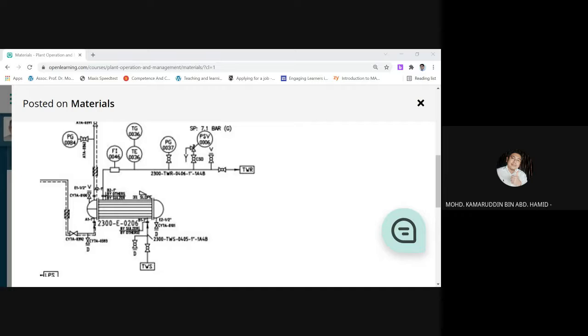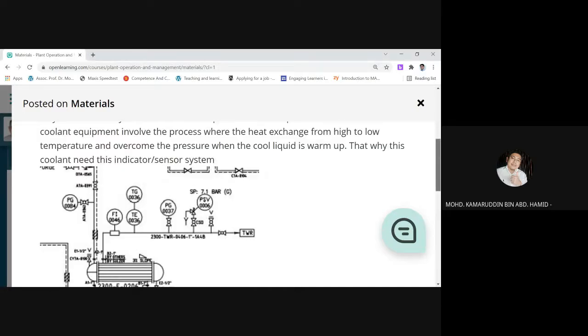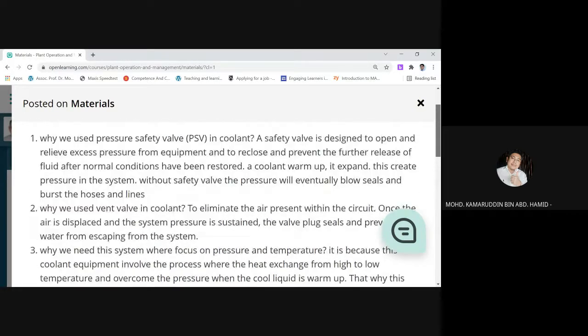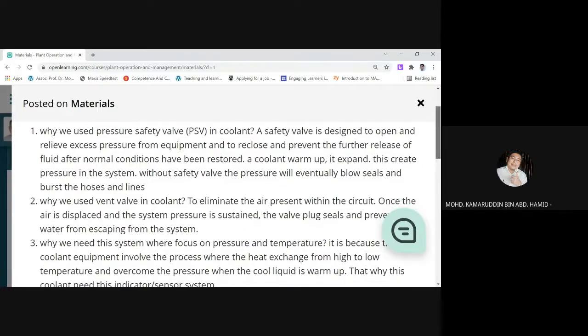All right. So that's why in this question we measure temperature and also pressure. So that's the first question, I think. Why the pressure? Because we want to prevent having vapor inside there.